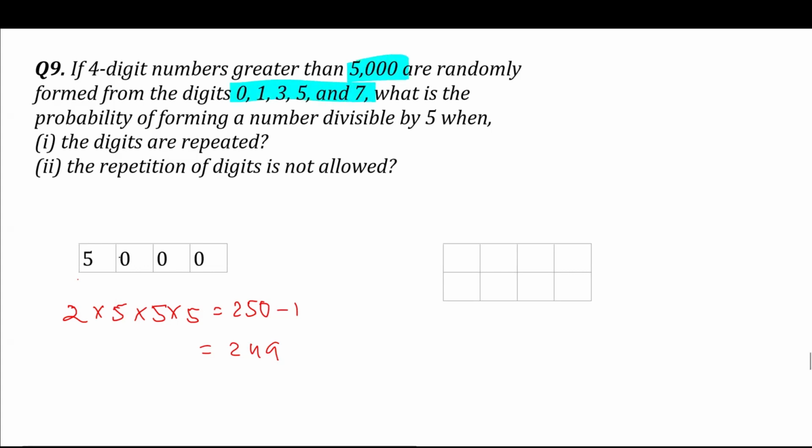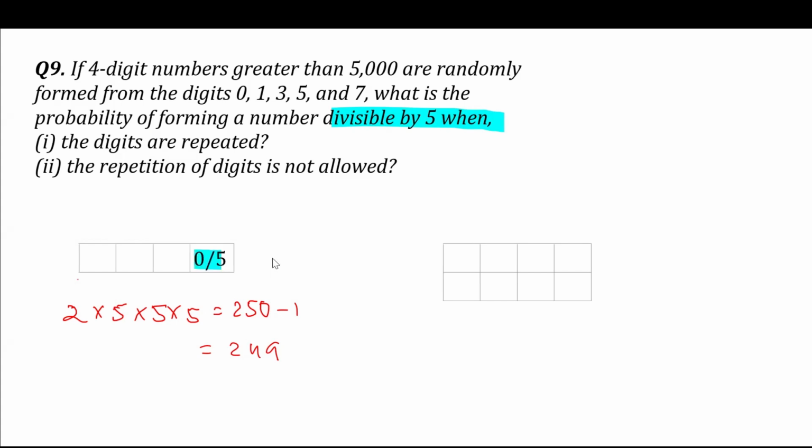Now coming to the probability part, we have to frame numbers which are divisible by 5. We know that for a number to be divisible by 5, the end digit can be either 0 or 5.